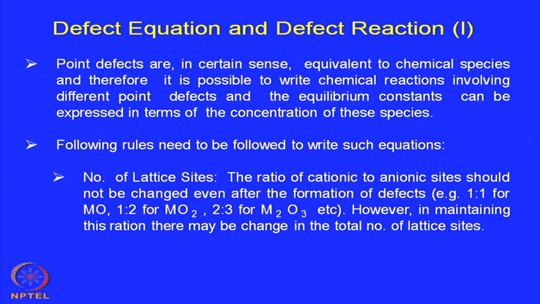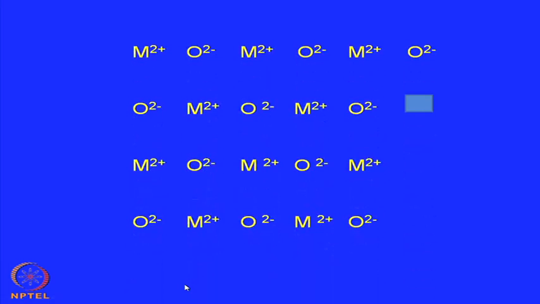However, in maintaining this ratio, there may be changes in the total number of lattice sites. The ratio should be maintained, but the total number may change. This is what is actually understood by that process.